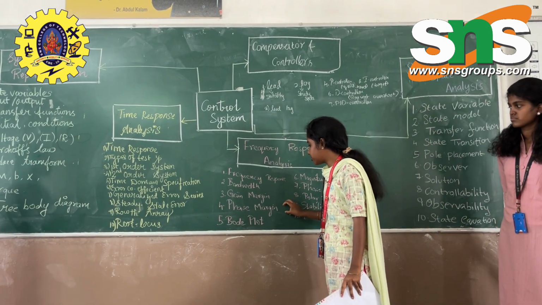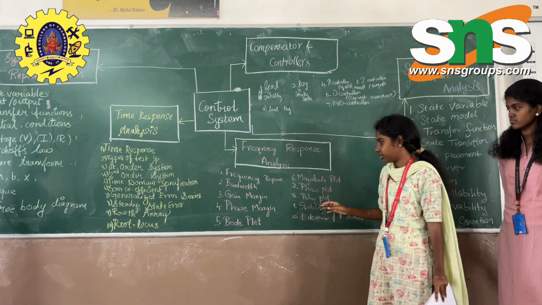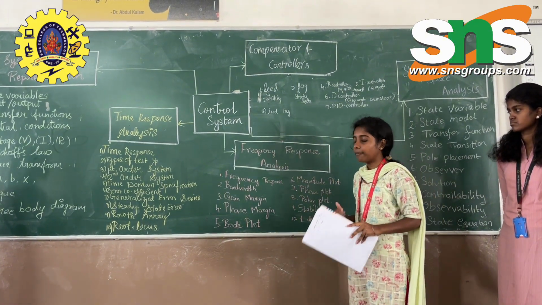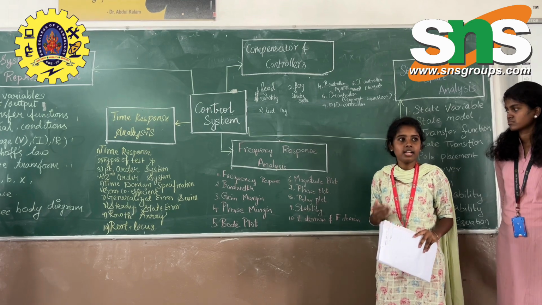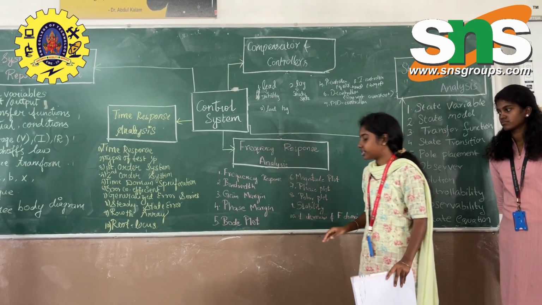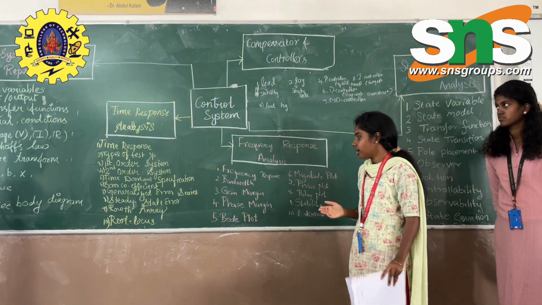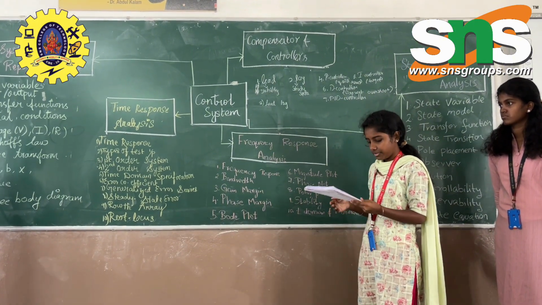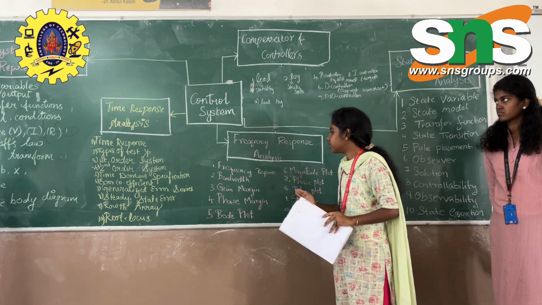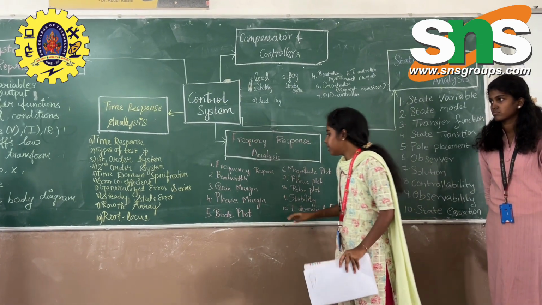Next are gain margin and phase margin. Gain margin is the amount of gain that can be added to a system before it becomes unstable. Phase margin is the measure of how close the system is to the unstable state.